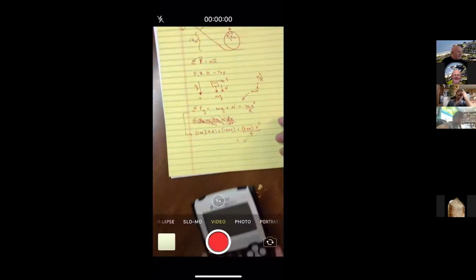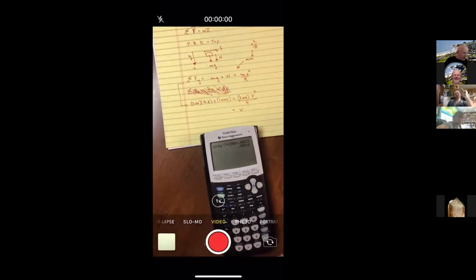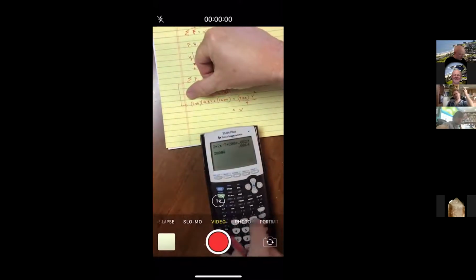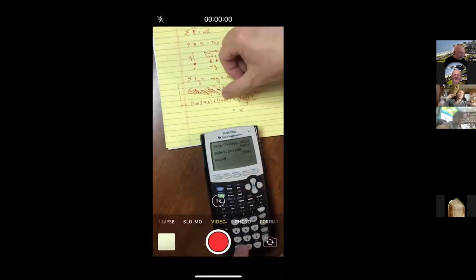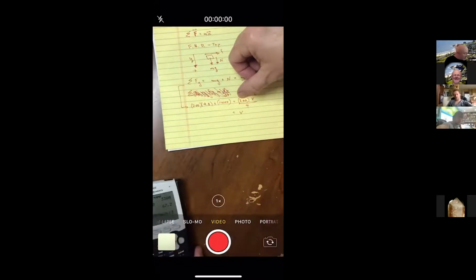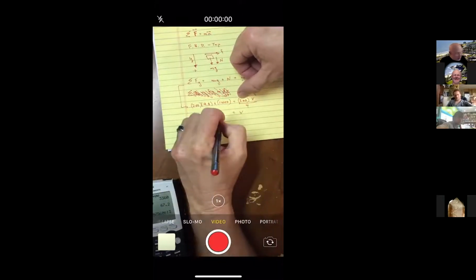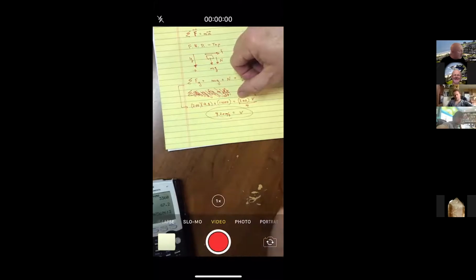I haven't even gotten to the energy part of it yet, but let me do a quick calculation. So 200 times 9.8 plus 1400, then times 4, then divide that by 200, and then taking the square root of all of this, we're looking at a speed of about 8.20 meters per second.